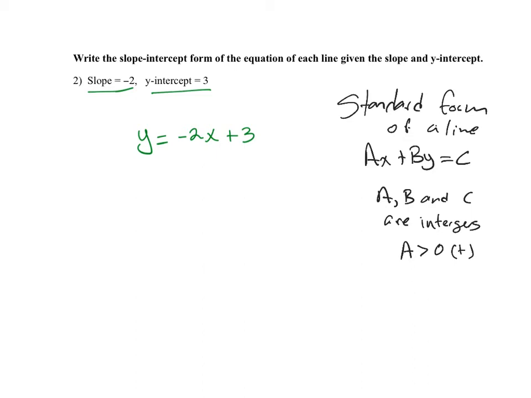So I'm going to write the standard form. In this case, I'm just moving x to the other side, so I'm adding 2x on both sides. So 2x plus y equals 3. That's it.